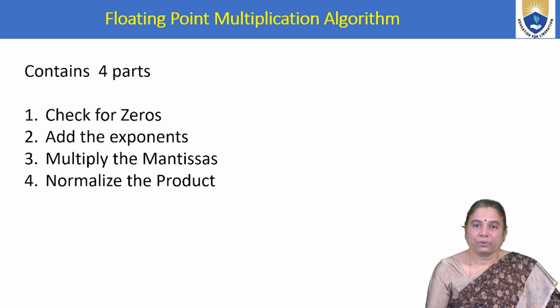So during the first step itself, check for 0, and if the number contains the value 0, that can terminate the process. After that, the exponents can be added and multiplication of mantissas can be carried out. So the floating point result can be normalized in the fourth step.